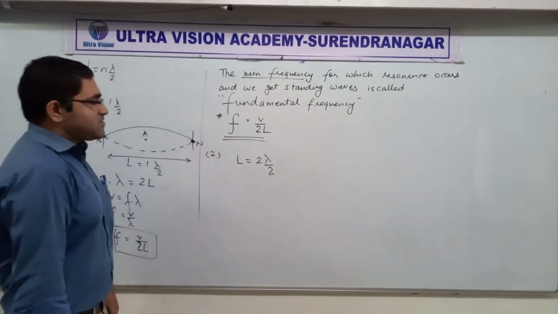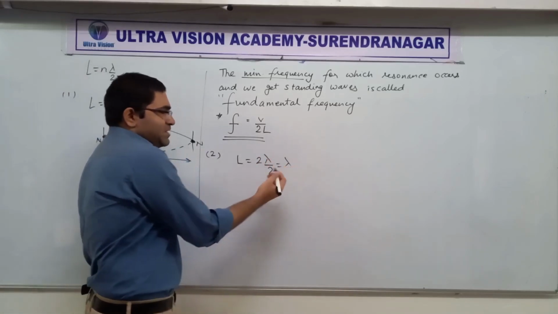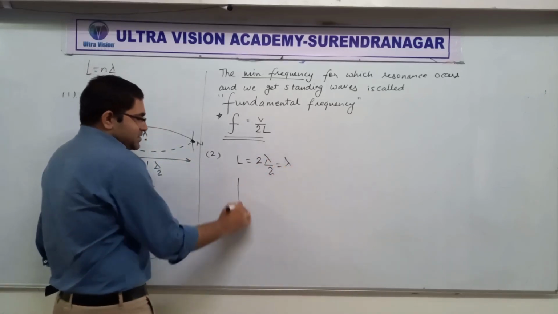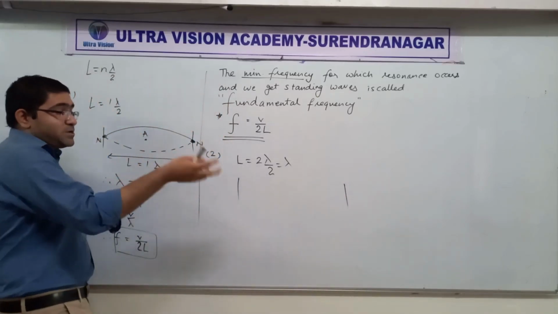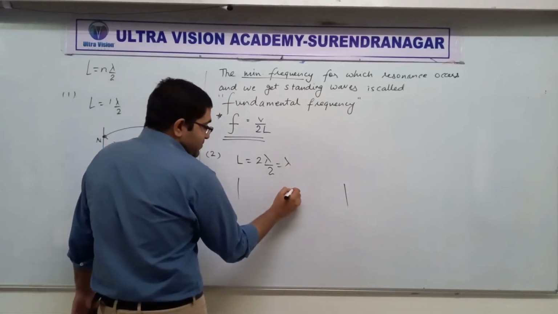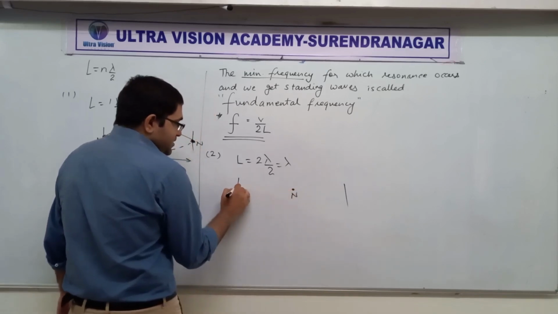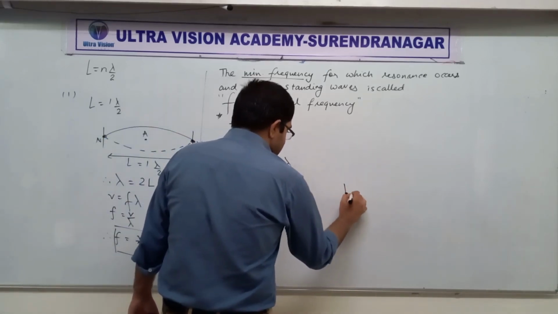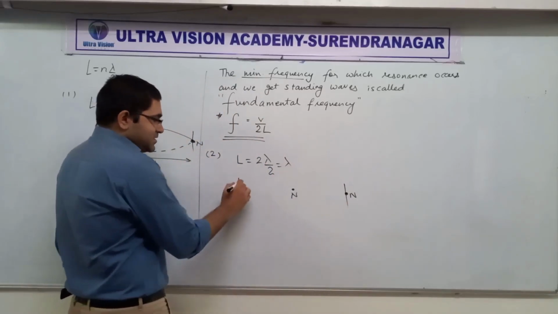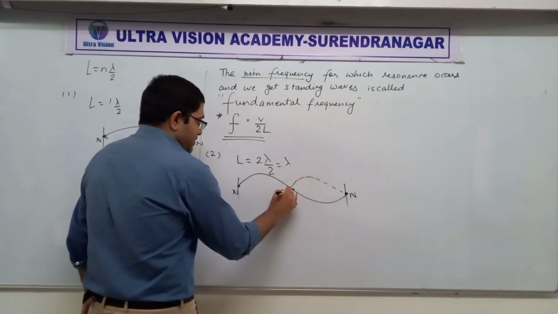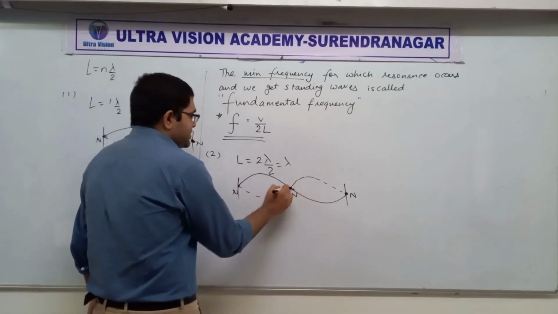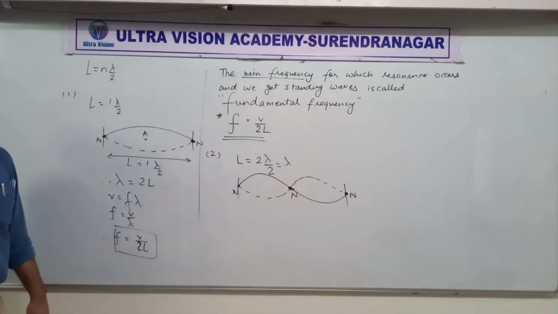So let's draw a picture for this. Here we had one loop, now we'll get two loops. This is how it will work. Here will be a node, here will be a node, and here will be a node. Did you understand the diagram, everyone?